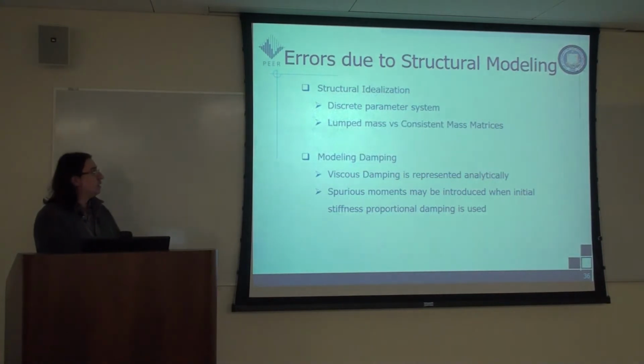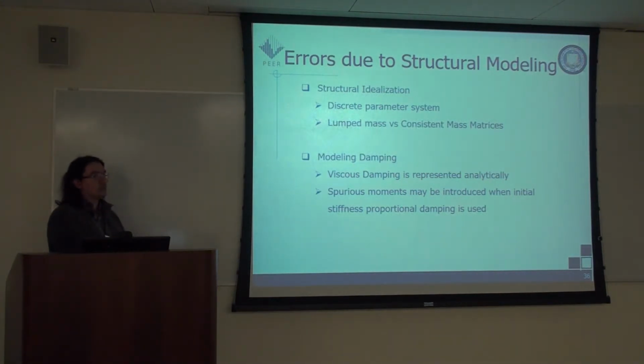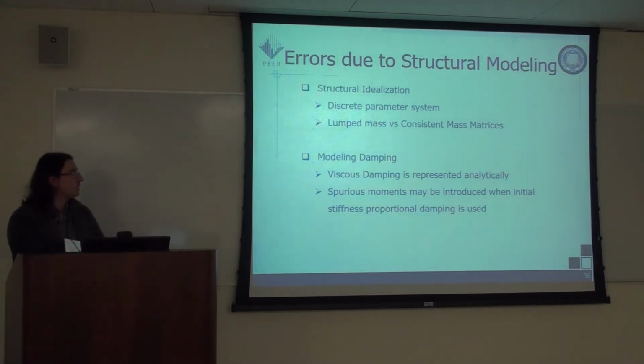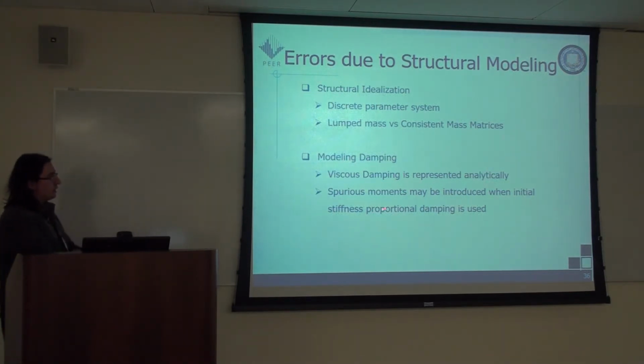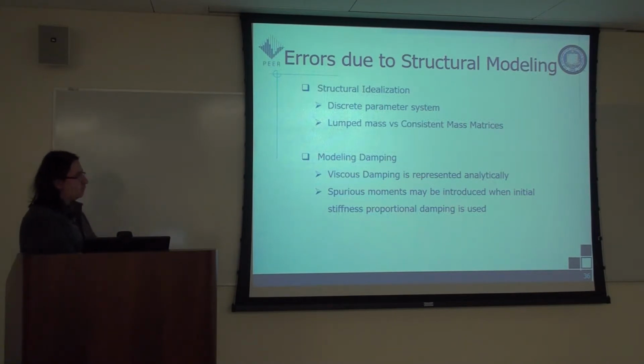So we accept any assumptions that we have in terms of modeling damping in hybrid simulation. And also, in certain cases, some artificial moments may be introduced when initial stiffness proportional damping is used, but this is common also in analytical simulation.